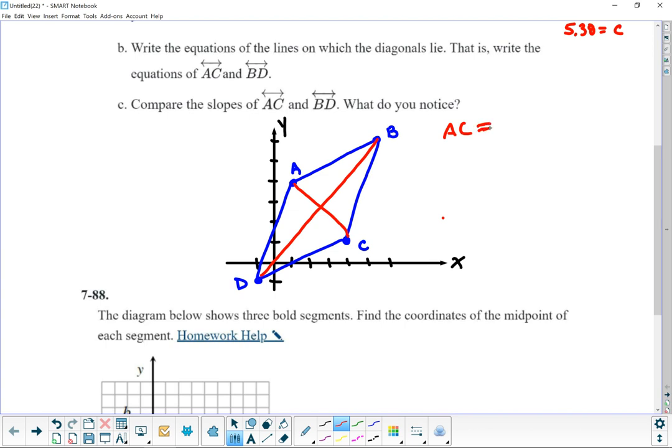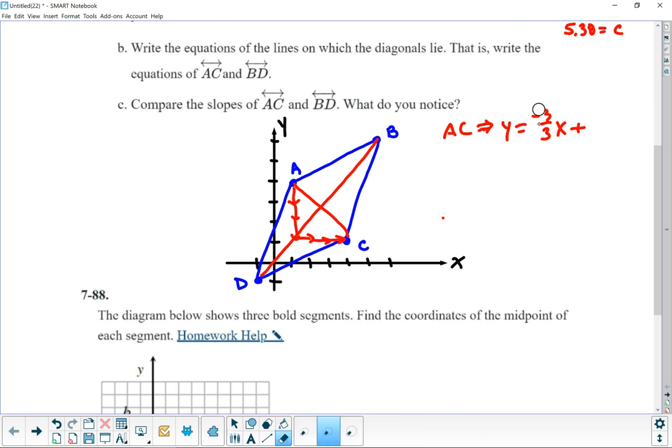So AC, this is going to be the equation y equals, and then the slope is going to be down 1, down 2, down 3, and then over 1, over 2, over 3. So down 3 over 3 is my slope. So basically my slope is -1, right?